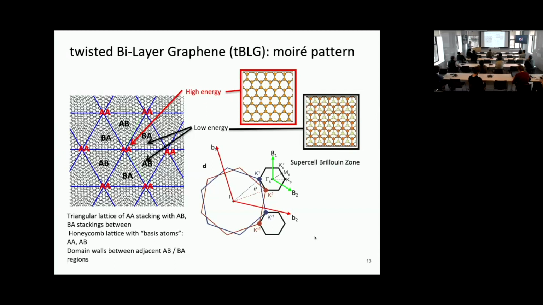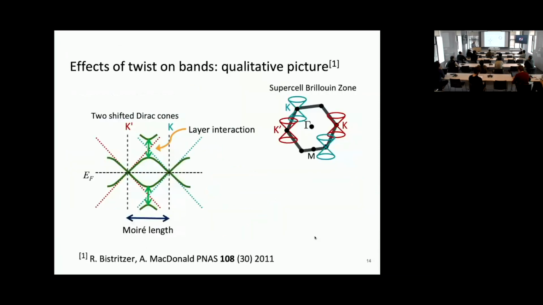The large-scale periodicity creates this supercell of the Brillouin zone, which is the small black hexagon, and the corners of that black hexagon come half of them from one large hexagon, the blue one, the other half from the red large hexagon, and these are the corners where the Dirac cones appear. That's what you have from each individual layer that I showed you a moment ago, but now you have two sets of these in the supercell Brillouin zone.